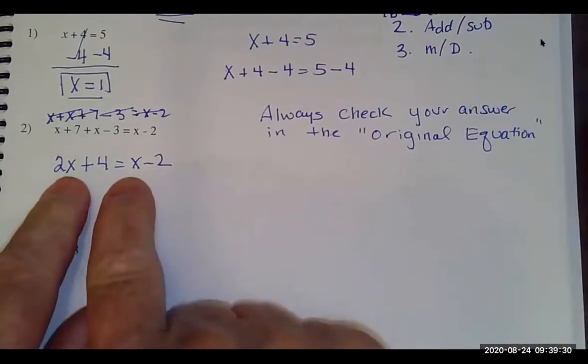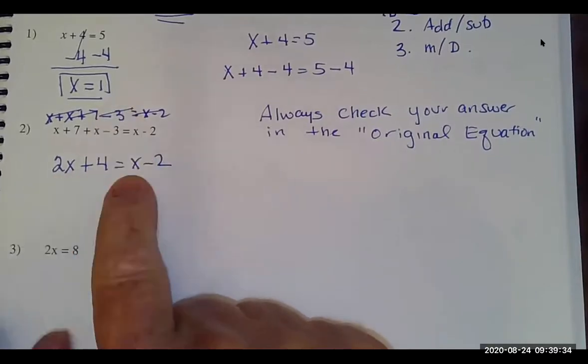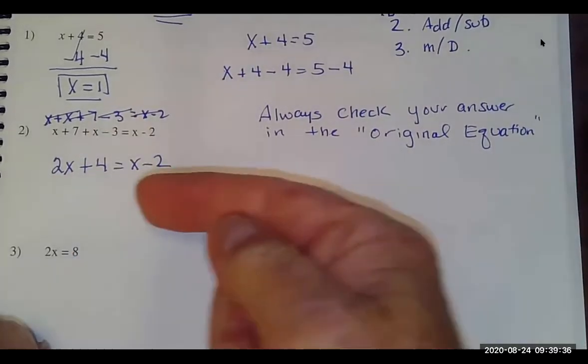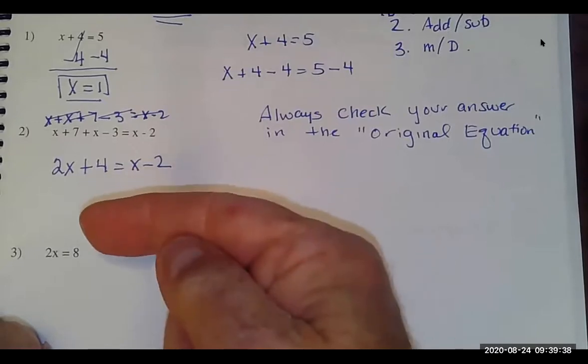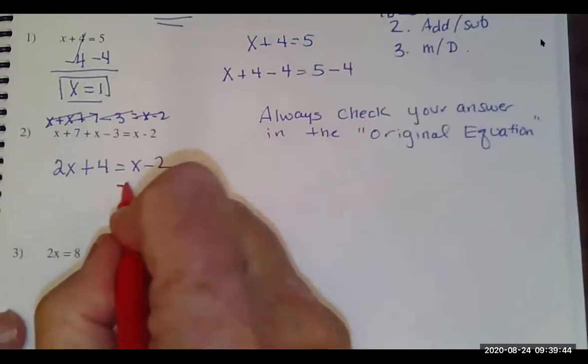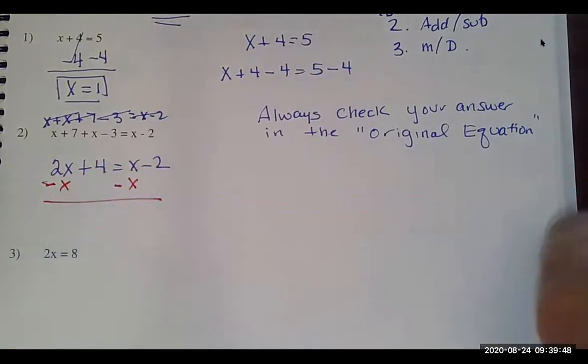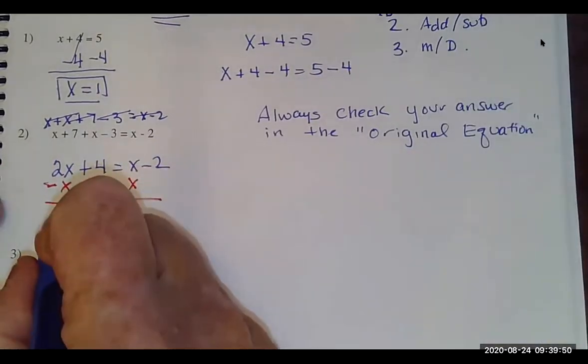So let's talk about the x. Here they are. They're on opposite sides of the wall. I want to move that one over this way because I want ultimately all the x's to be on the left-hand side. So I'm going to take this x and subtract it like this. And I'm going to end up having 1x, but I don't have to write the 1.